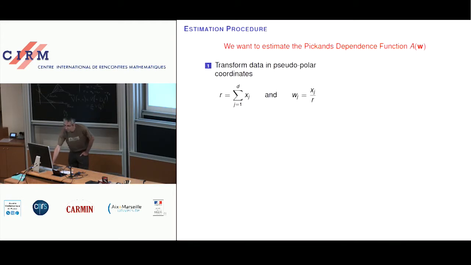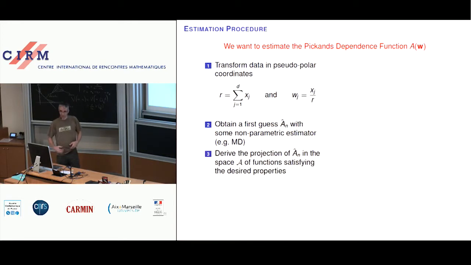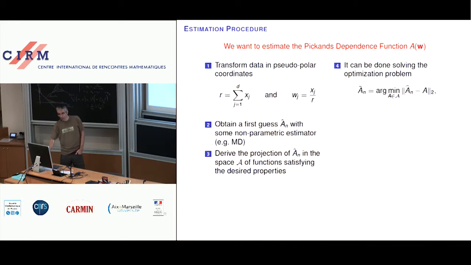So let me summarize what we do in practice. Maybe that will give you a better idea. So first we have to transform our data like this to get the omega. And then we get a first guess, like the madogram estimator in the multivariate case. Then we have to project with the Bernstein polynomial. And then we would like to solve this equation. That would be perfect, but of course, it's not possible.